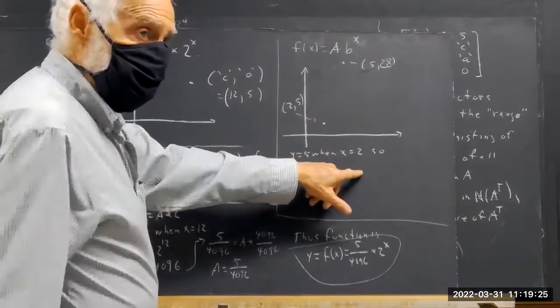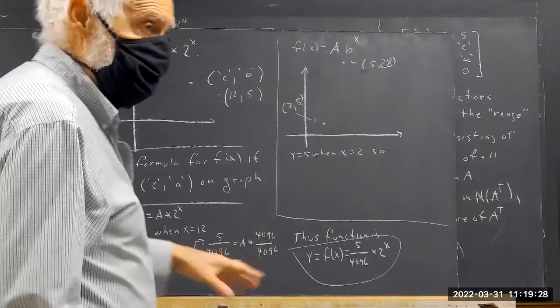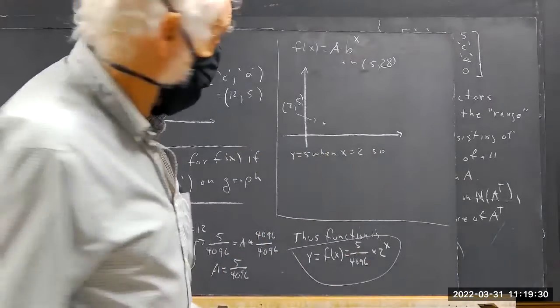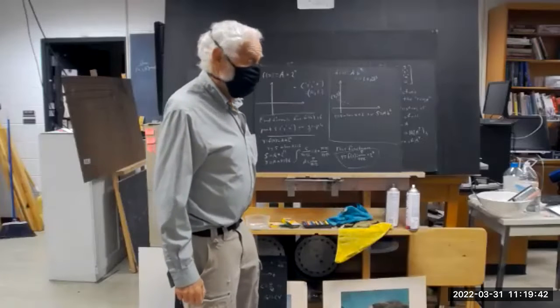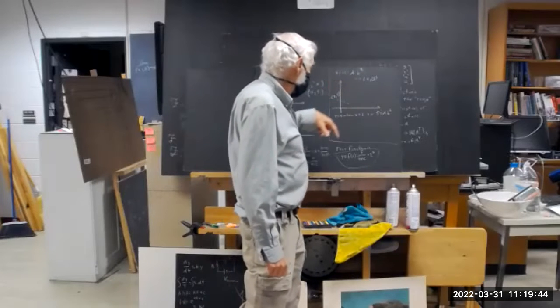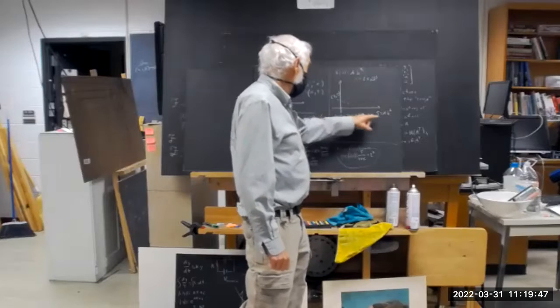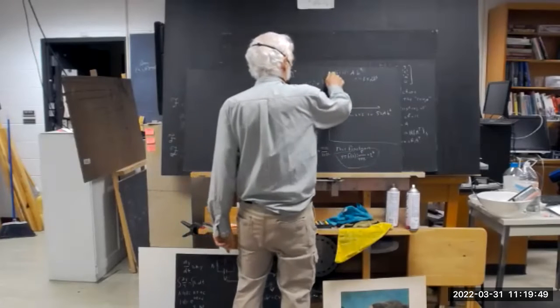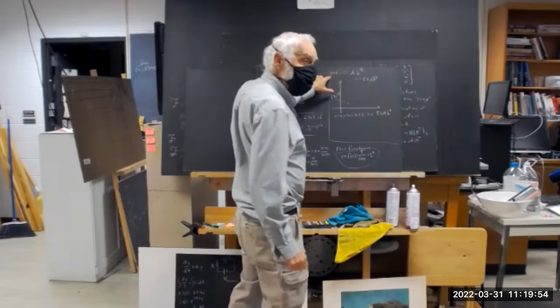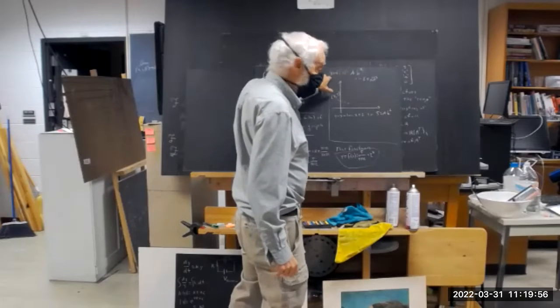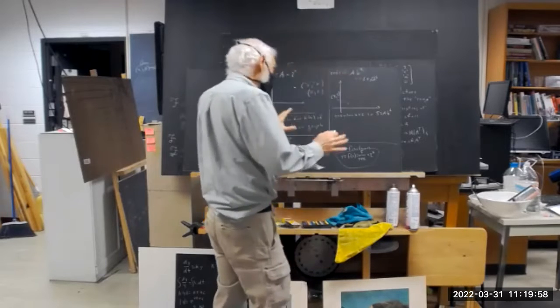At this point, y equals 5 when x equals 2. I wrote that kind of small, but I'll write the equation a little bigger. So 5 equals a times b to the second, right? Plugging in 5 for y. You're welcome to put that y in there, so you know where y is and you know where x is.